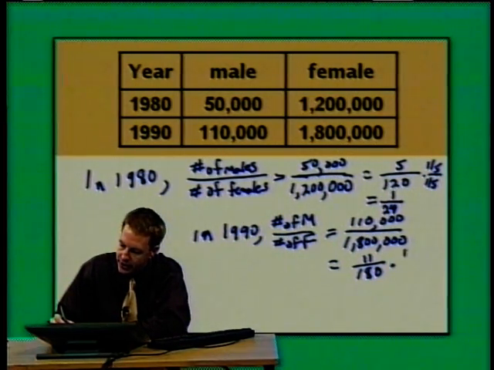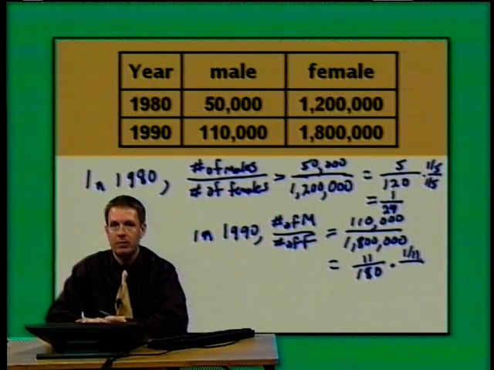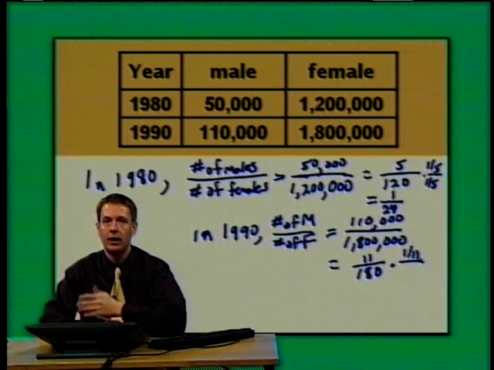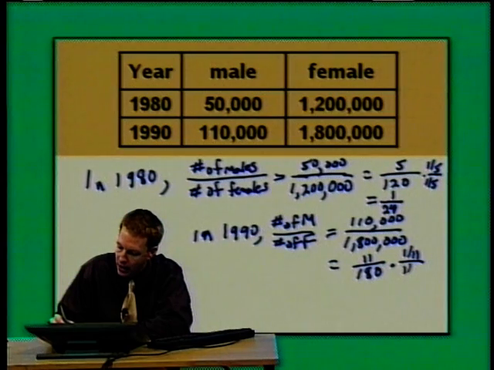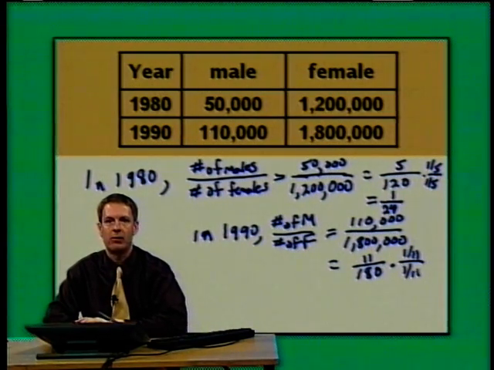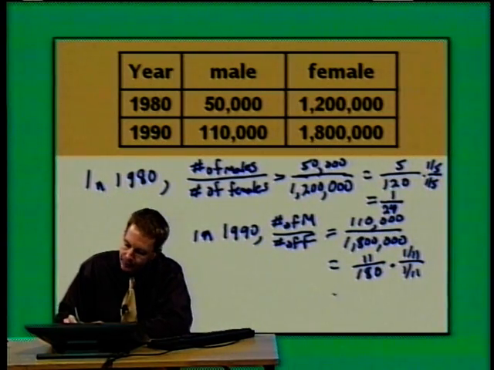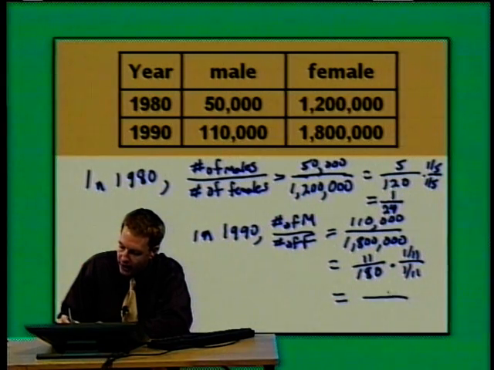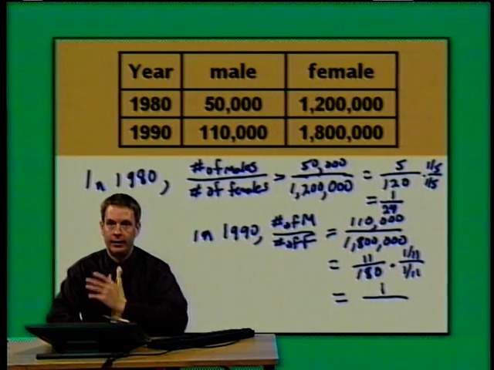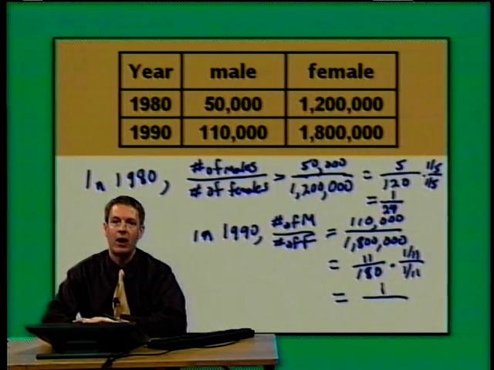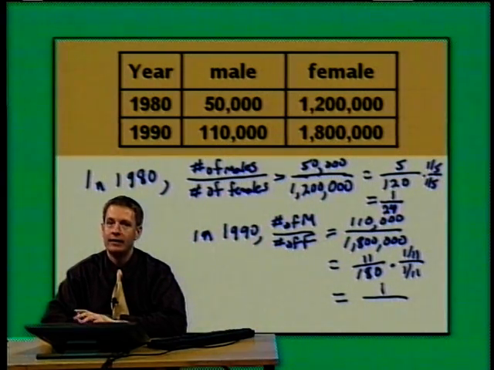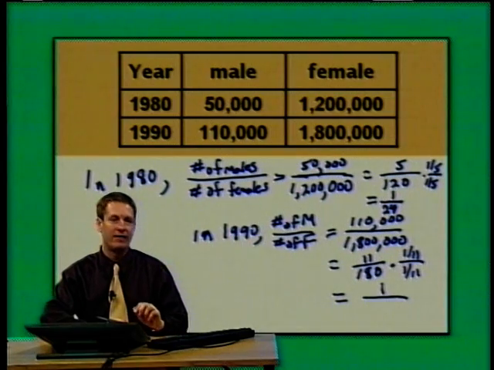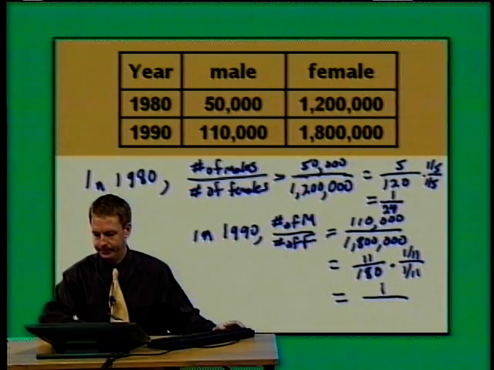Let's play the same game for 1990. This time, to get a numerator of 1, I need to multiply by 1 over 11. To maintain equality, I also need to multiply the denominator by 1 over 11. In the numerator, I have 11 over 11, which is 1. In the denominator, I have 180 over 11. This seems like calculator time to me. I'm not quite sure how many times 11 goes into 180.